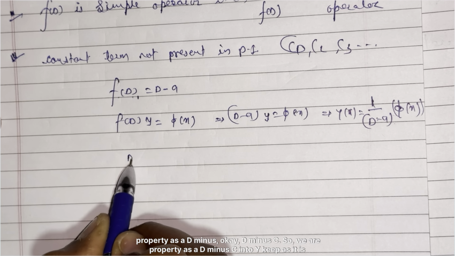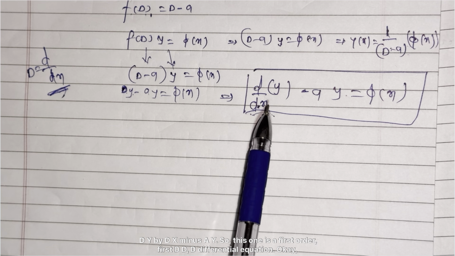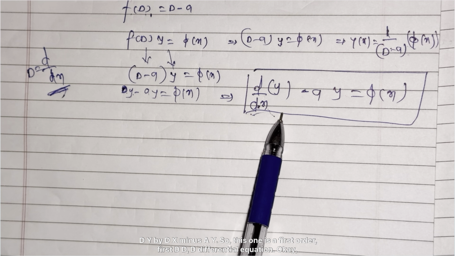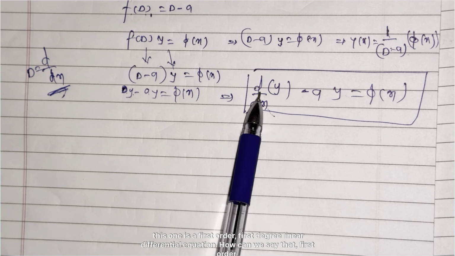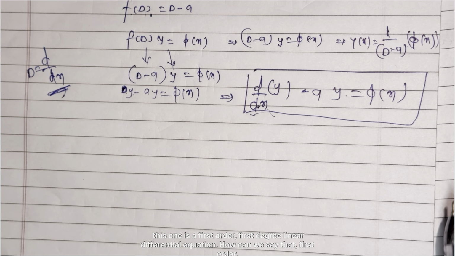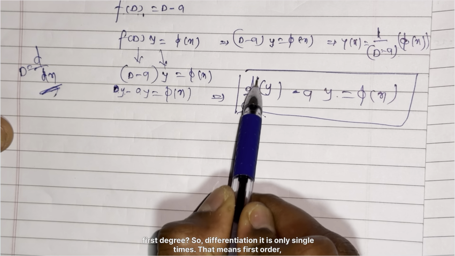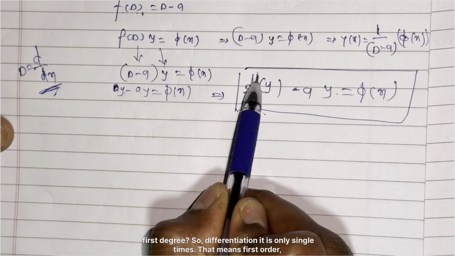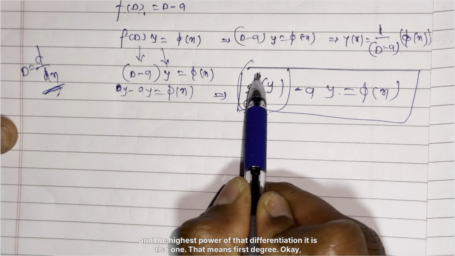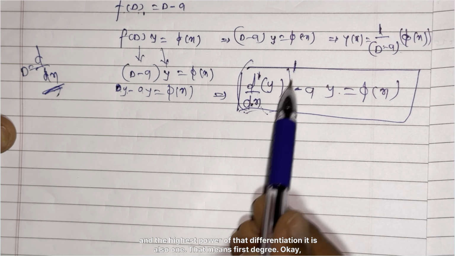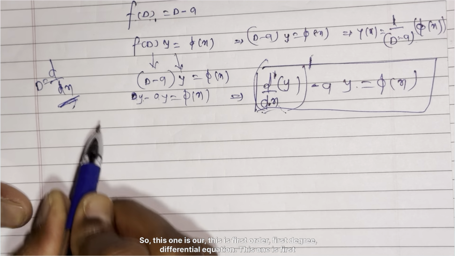Now as we can see here, dy by dx minus ay is a first order, first degree linear differential equation. How can we say first order, first degree? Differentiation is only a single time, that means first order, and the highest power of that differentiation is also 1, that means first degree.